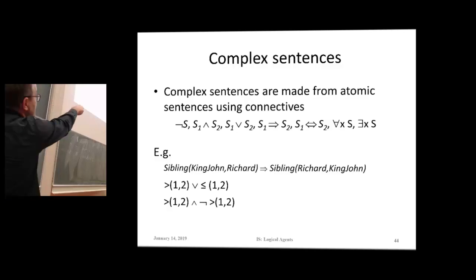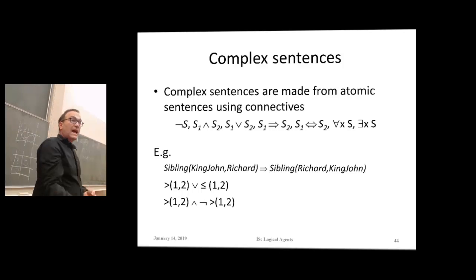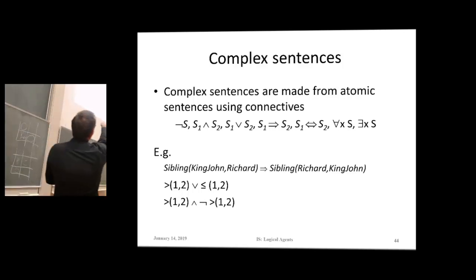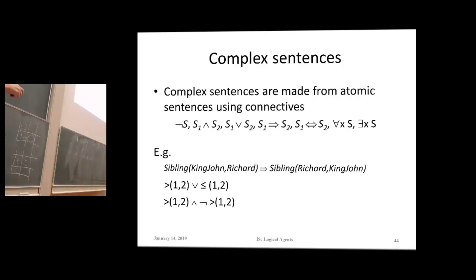And when we have our sentences, we can use, again, the standard operators, so negation, conjunction, disjunction, like we did in propositional logic, but now we can also apply those quantifiers, universal quantifiers, existential quantifiers, so that we can now say that if King John and Richard are siblings, then they are also siblings in the other direction, and we can make statements that if 1 is smaller than 2, this statement is true if 1 is smaller than 2, or 2 is bigger or equal than 1.